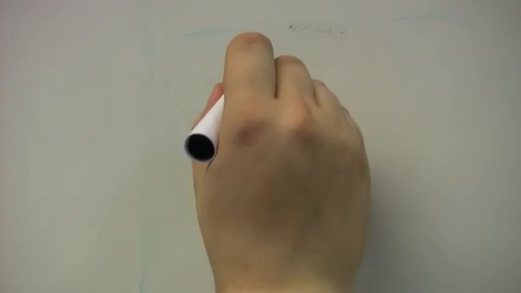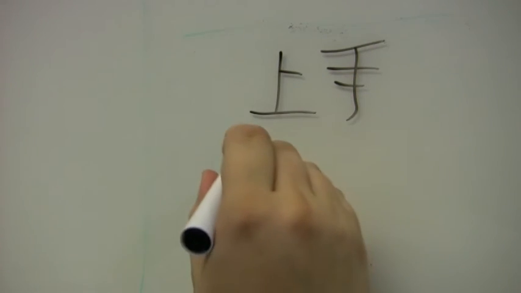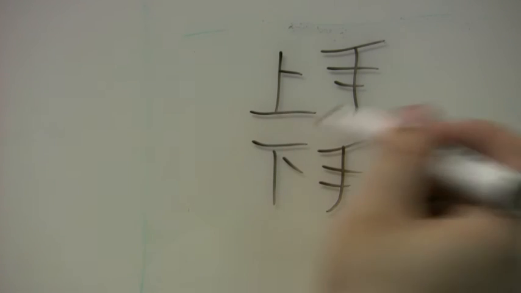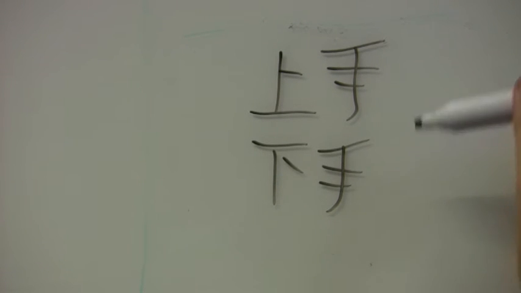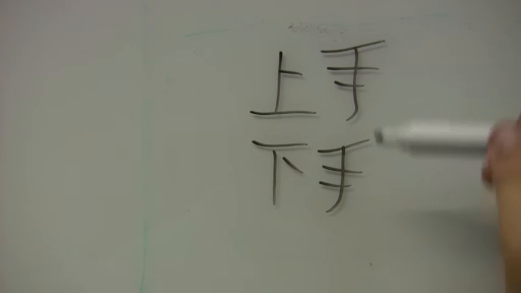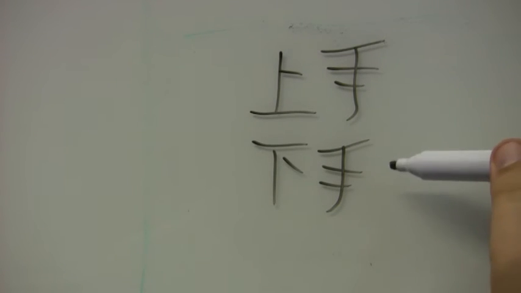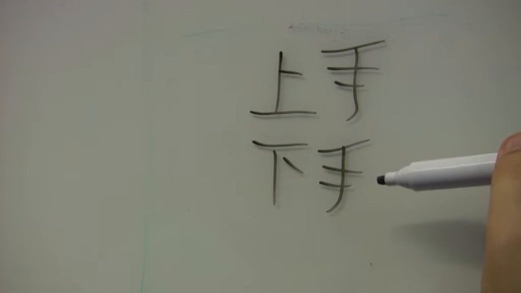We have 2 of these that involve the hand. Jozu and heta. Upper hand, lower hand, or underhand, or whatever. This means skillful or good, and this means bad, poor. So like upper hand, bottom hand.